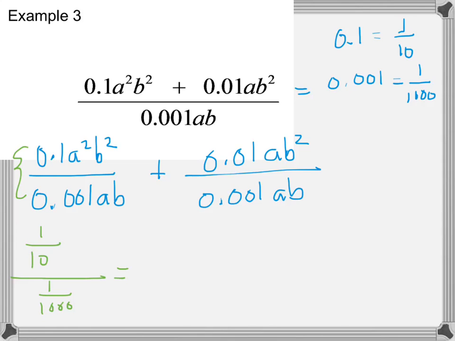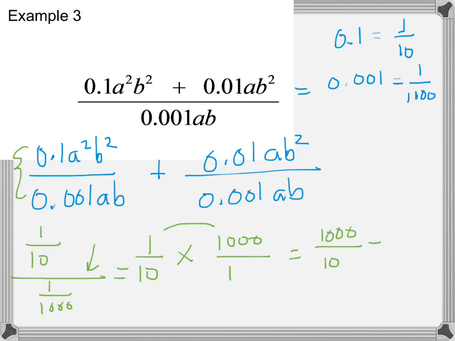And remember, when you divide a fraction by a fraction, you keep, change, flip. So you keep the numerator, you change the division into multiplication, and you reciprocate the denominator. Okay, well, then we multiply across. 1 times 1,000 is 1,000. 10 times 1 is 10.